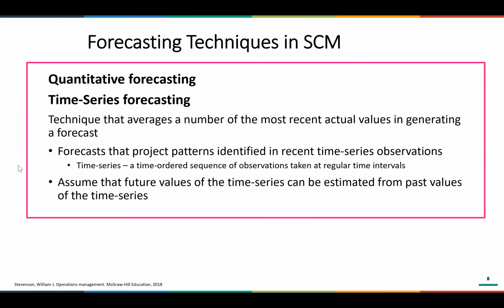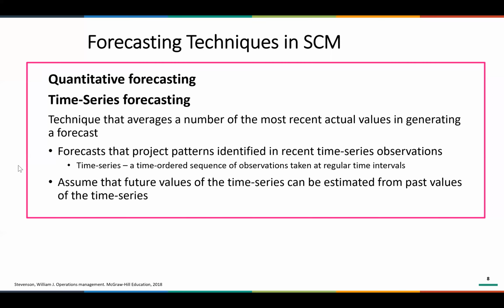Time series forecasting is basically utilizing data from the past, and you are using an averaging approach. For example, with moving average time series forecasting, you use the past, let's say, three periods, and then you use the average of them to forecast what will be in the future.